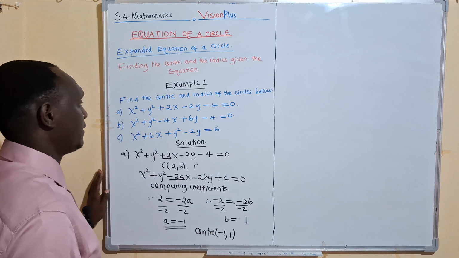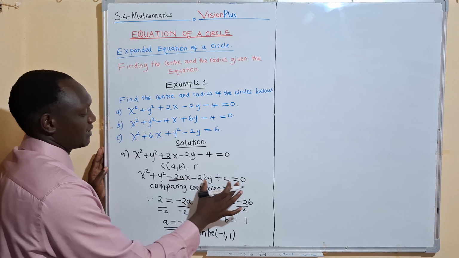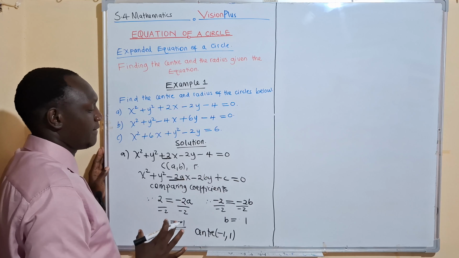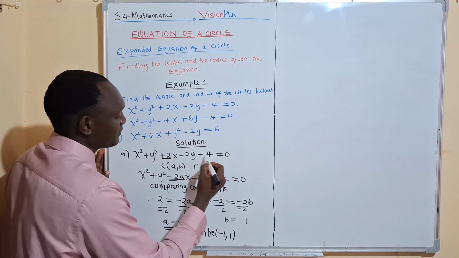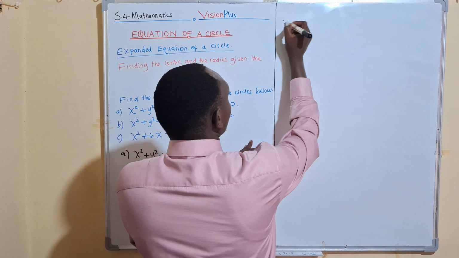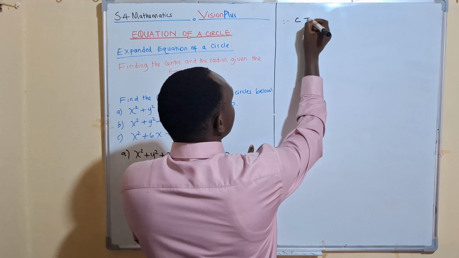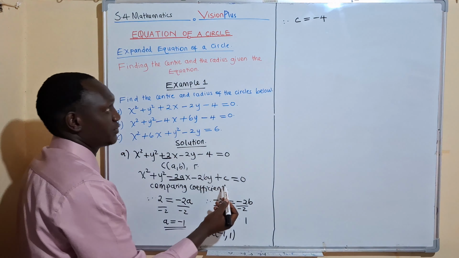And then going to the radius. If you look at this expanded equation, there is nowhere where we have the radius. But on comparing terms, you see that negative 4 corresponds to c. So c is negative 4, because negative 4 corresponds to c.